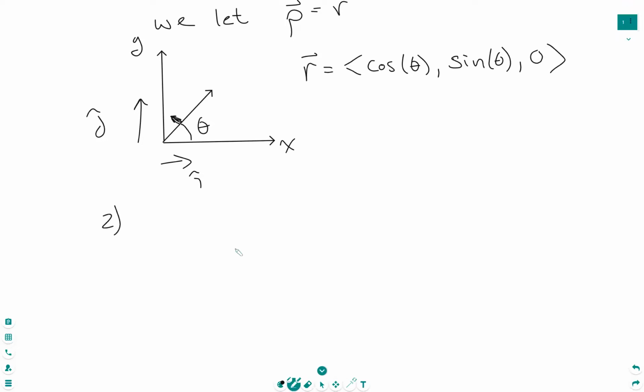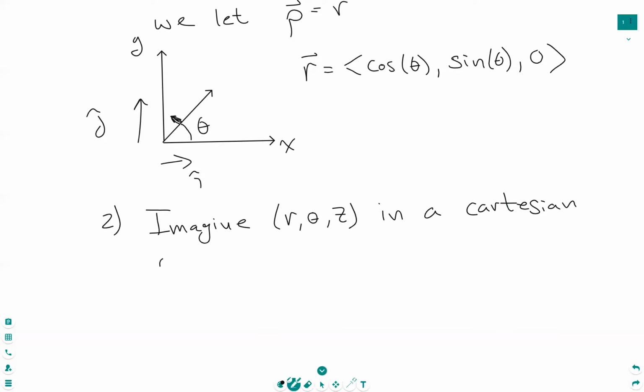So now, what does this projection even look like? If we're projecting to the theta z plane, how do I visualize this? So imagine for a second that r, theta, z is in a Cartesian plane.